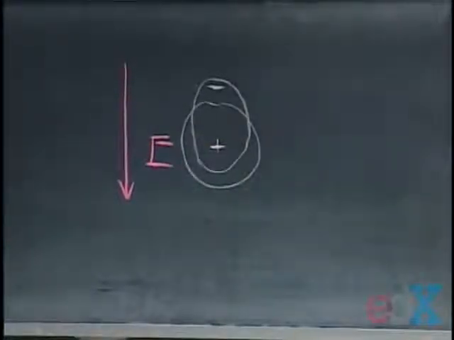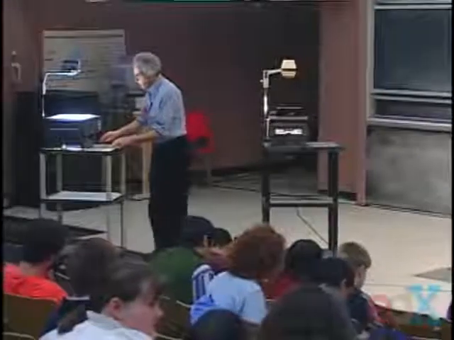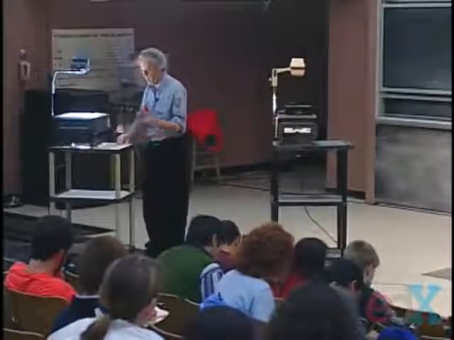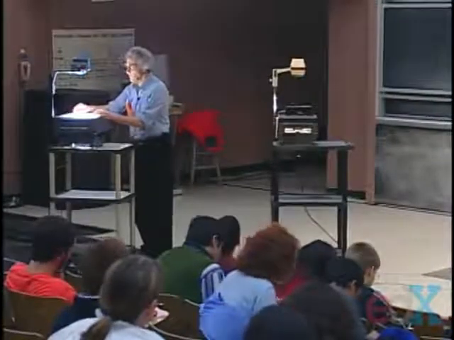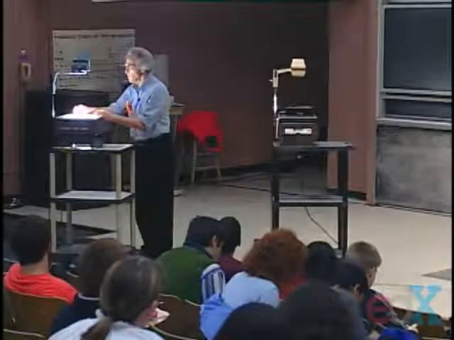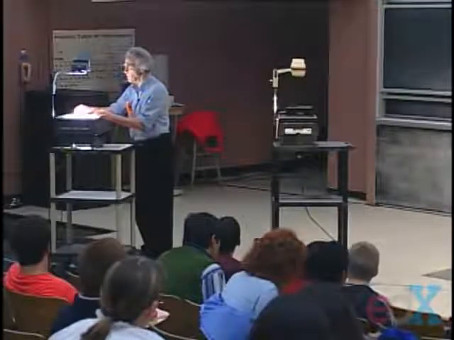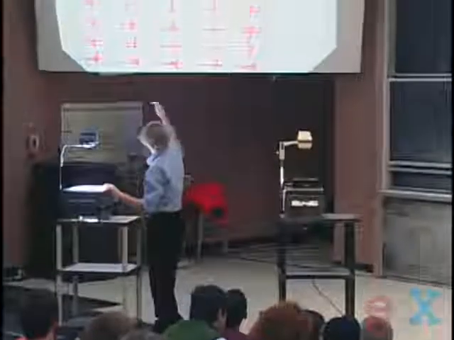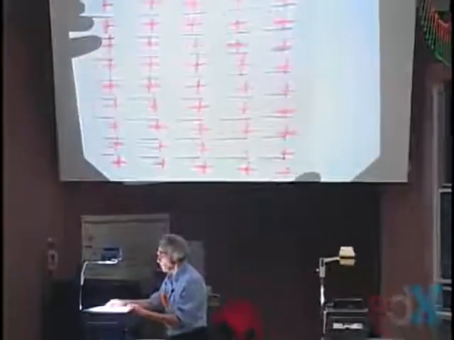I discussed that with you already during the first lecture, because there's something quite remarkable about this. If you have an insulator, notice the pluses and the minuses indicate neutral atoms, and if now I apply an electric field which comes down from the top, then you see a slight shift of the electrons.